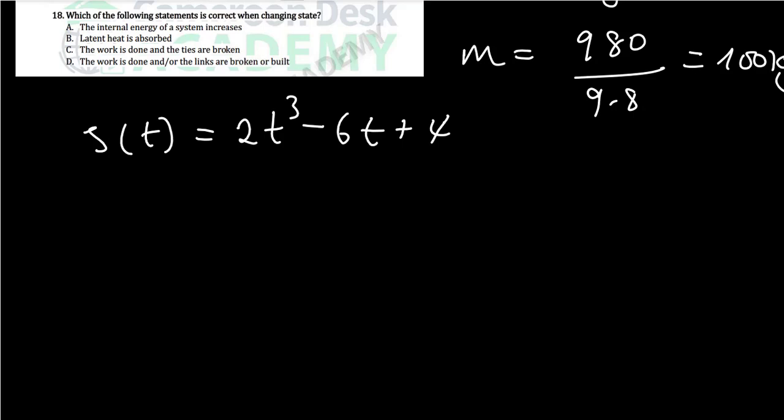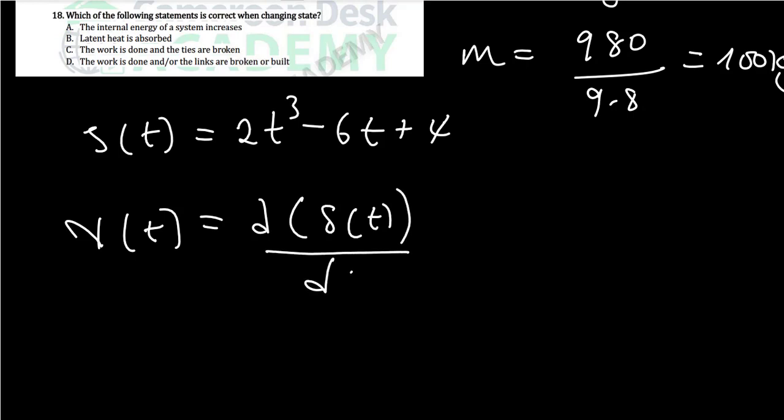In order for us to go with it gradually, the first thing we are going to do is to obtain the speed of the particle at the given time t, which is the derivative of the displacement with respect to time. The derivative of 2t cubed is 6t squared, and the derivative of 6t is 6.